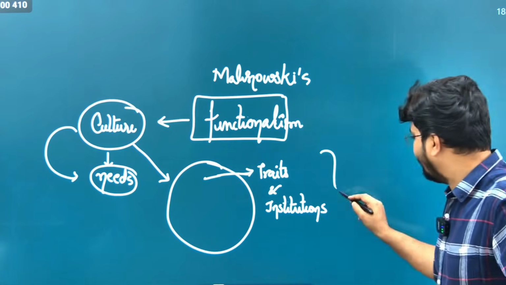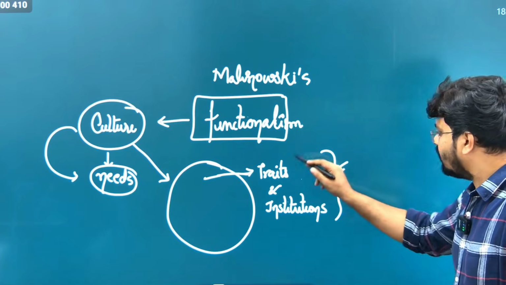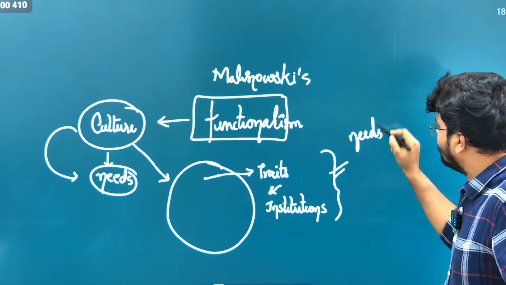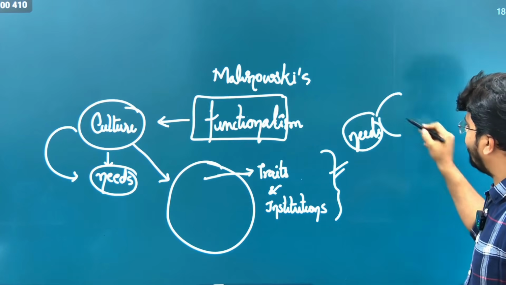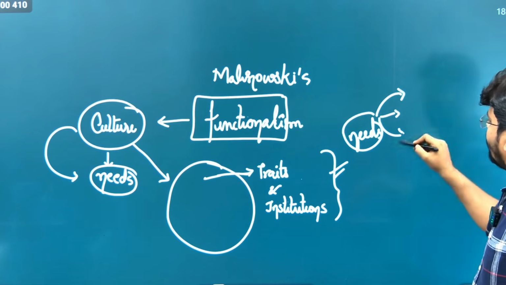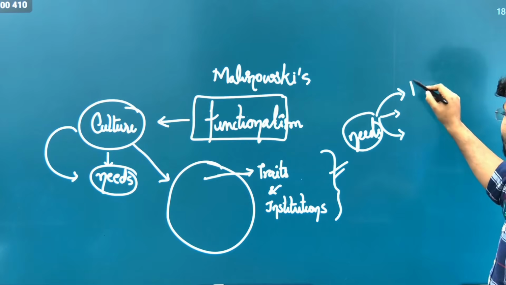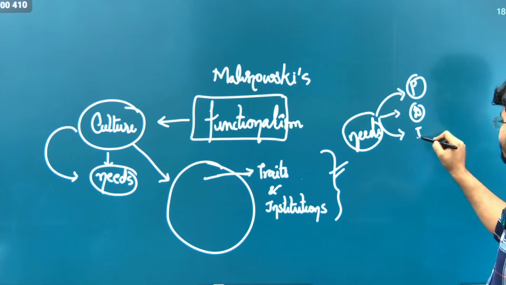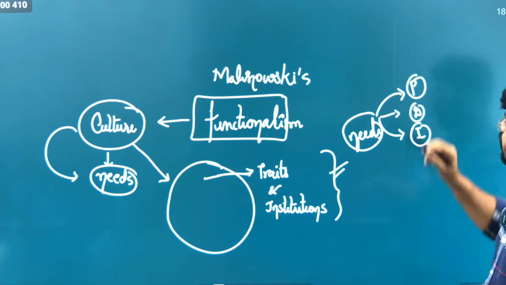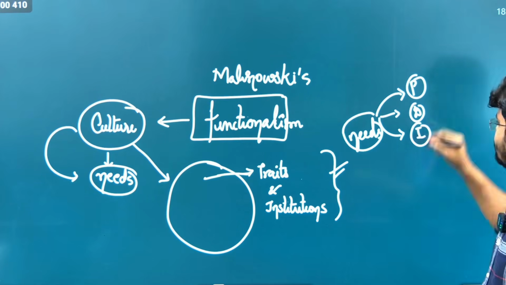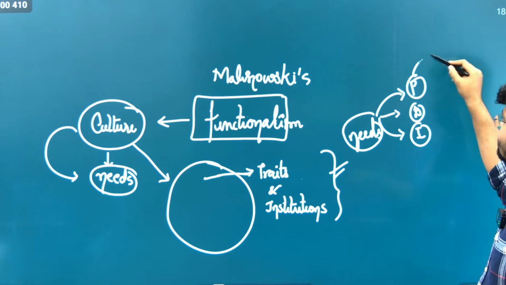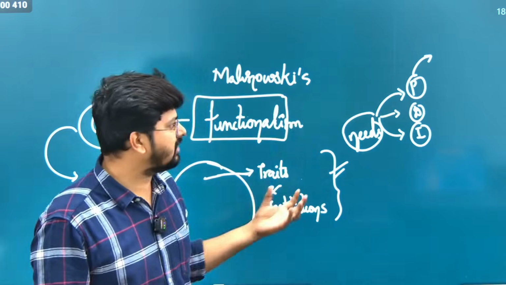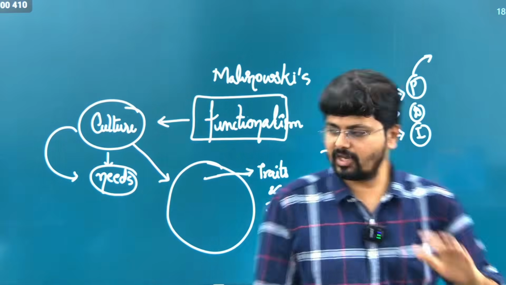At the same time, he says that these are going to meet the needs of an individual. So he says there are three types of needs. That is the needs theory. One, you have primary needs, you have derived needs, then you have integrated needs. Primary needs are also known as biological needs. As a biological organism, you have certain needs, and those needs are known as biological needs.